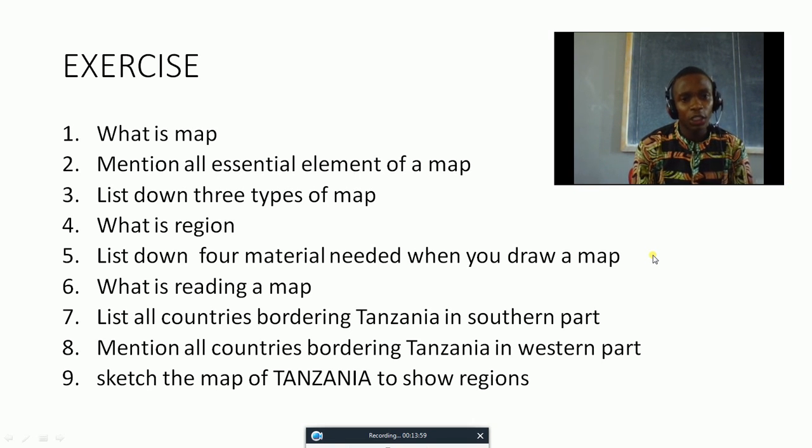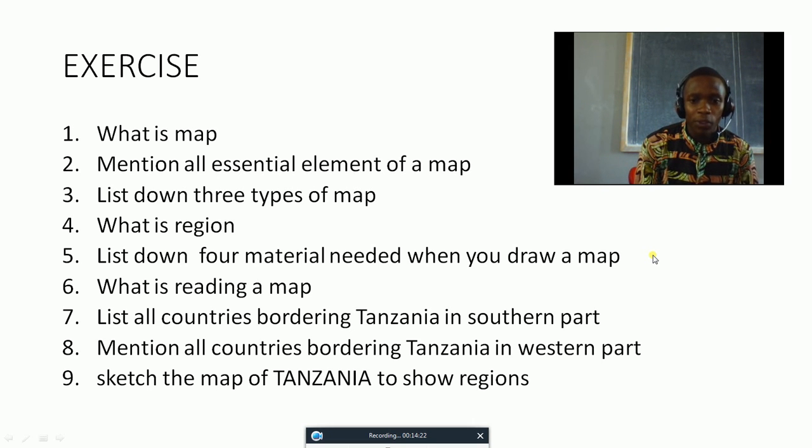The first question is, what is a map? The second one, mention all essential elements of a map. List down 3 types of map. What is a region? List down 4 materials needed when you draw a map. What is reading a map?